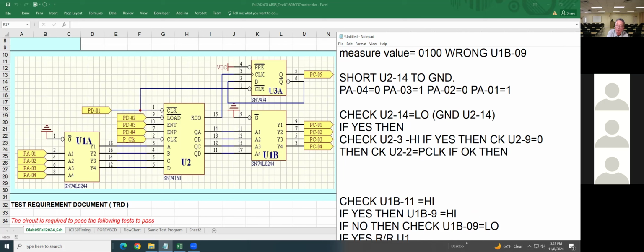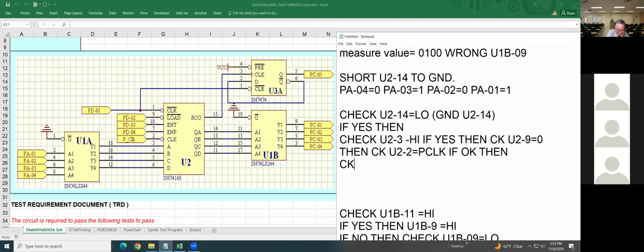Then do what? Check pin 10. Pin 1 is, then check. Pin 1, clear. Perfect. Clear. Check pin 1 equals high. Yeah.